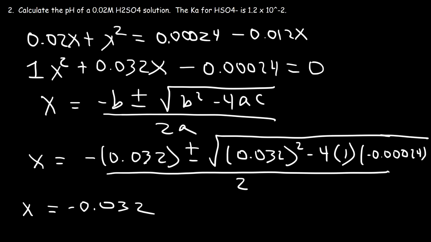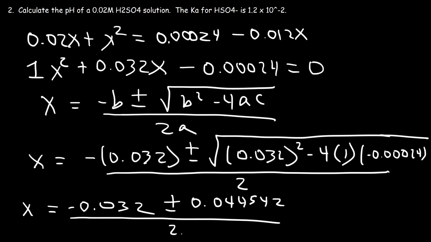Now, if you type in 0.032 squared minus 4 times negative 0.00024, you're going to get 0.001984, and then take the square root of that number. So that's going to be 0.044542. Now, if we use the negative sign, x is going to become negative, which won't make sense.